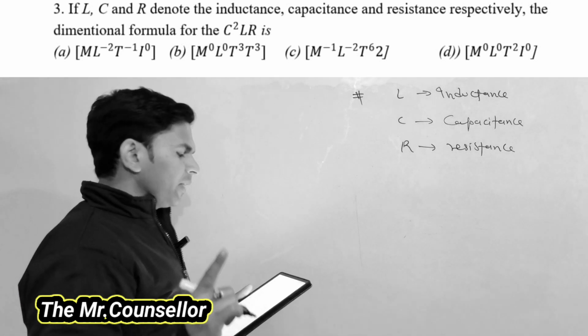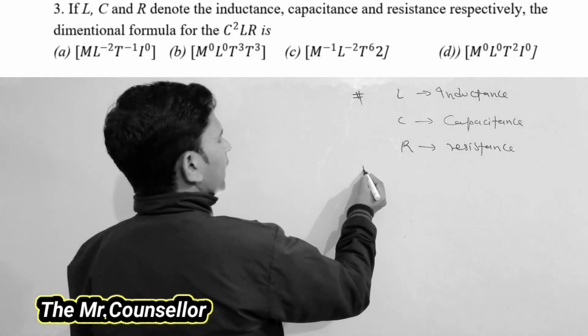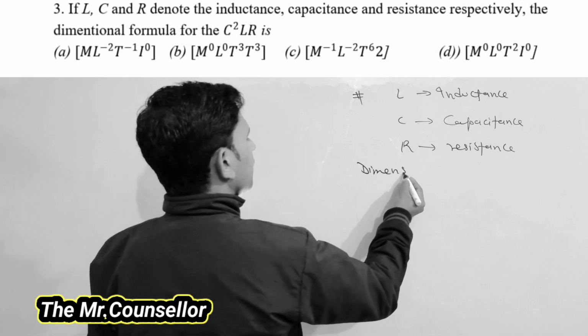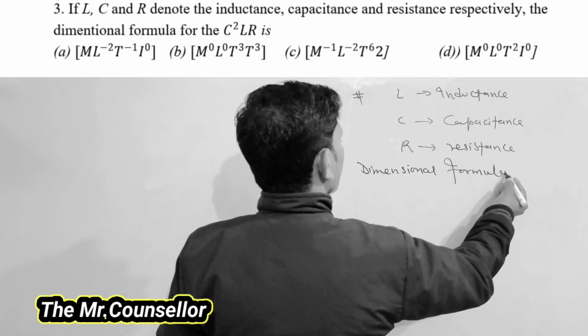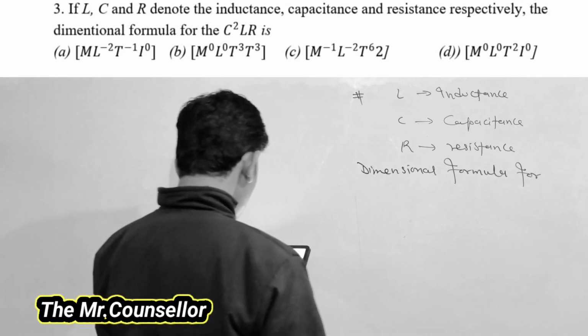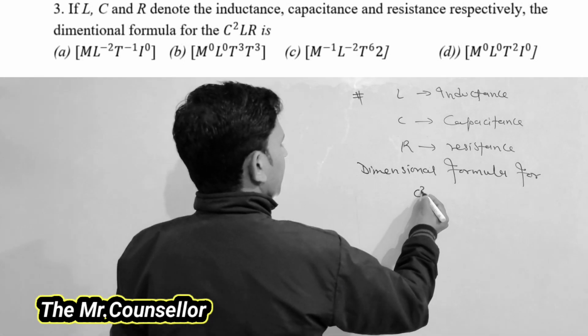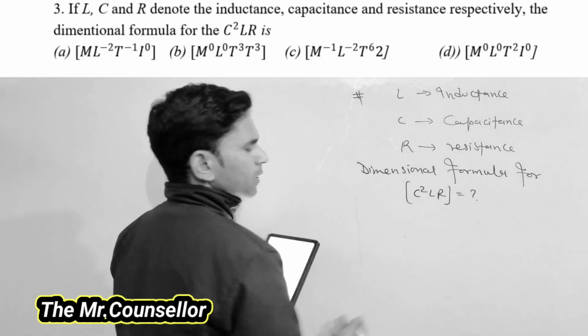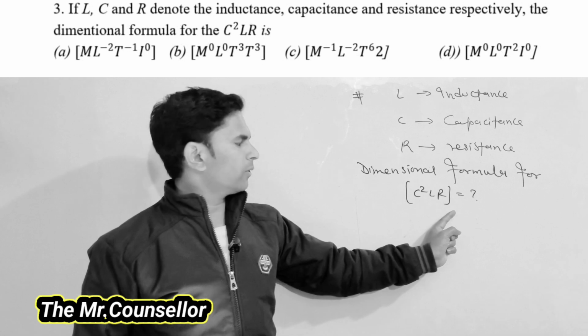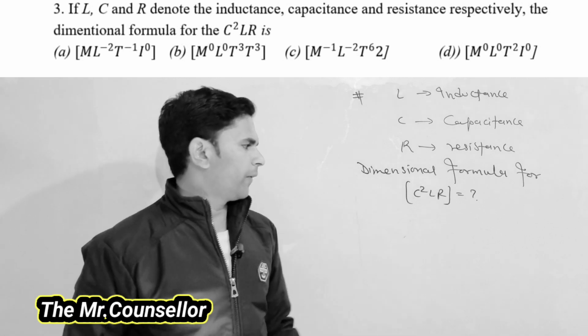They are asking for the dimensional formula of C square LR. You can write it like this, C square LR. Yes or no? Very good.